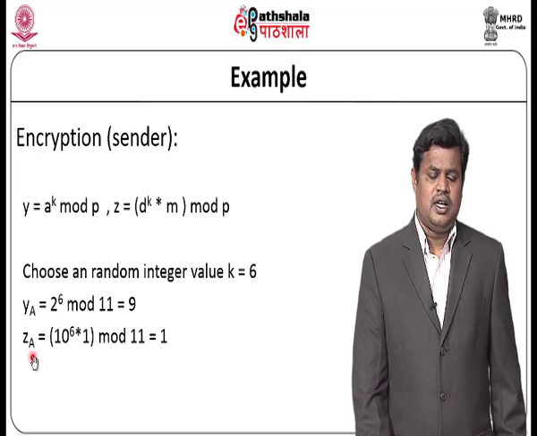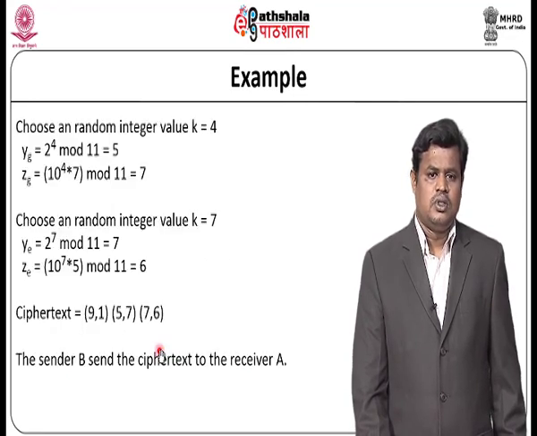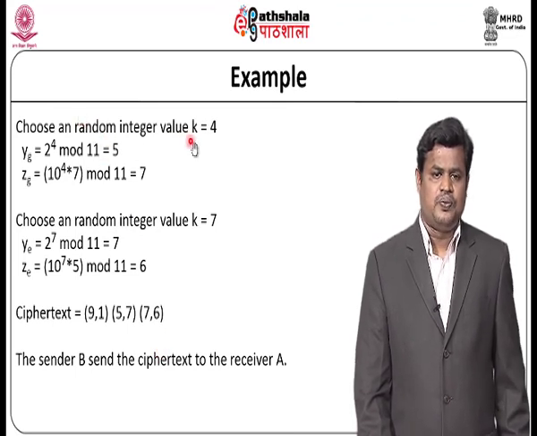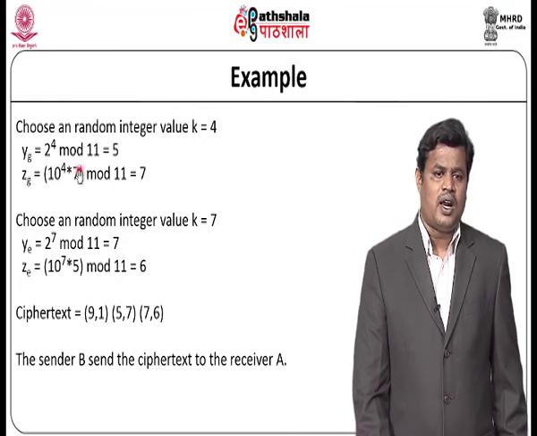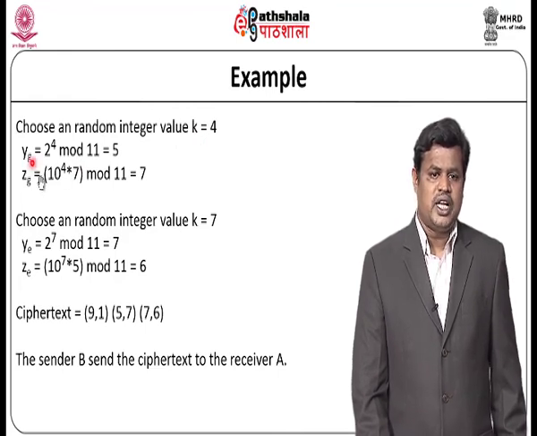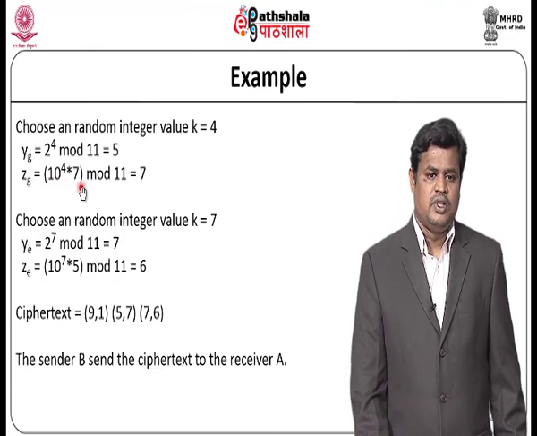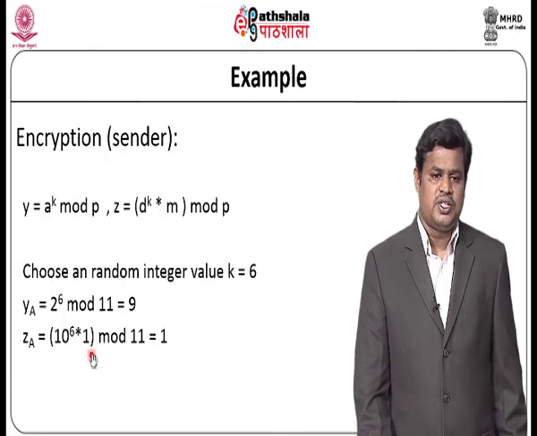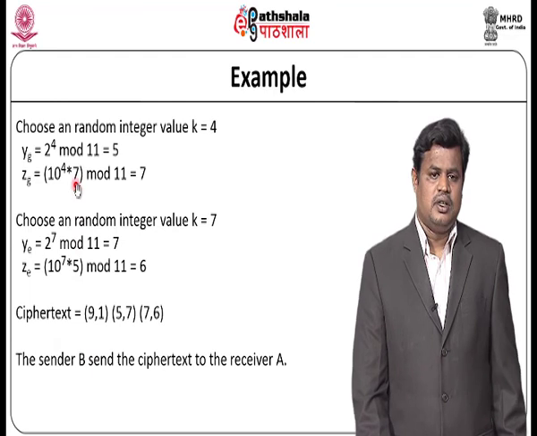Now it goes for encrypting the letter A, that is plain text A equal to 1. So 10 to the power 6 into 1 mod 11, where you get Z A, that is nothing but C2. Similarly, I choose a random integer k equal to 4 and go for the next letter, G. The first letter A is equal to 1, the next letter G is equal to 7.